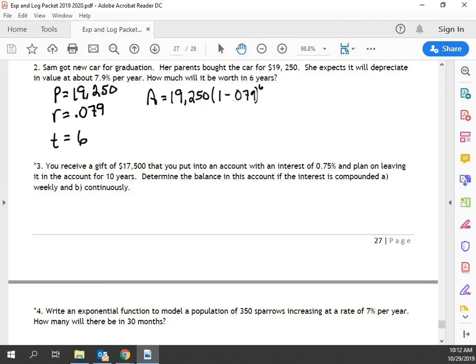So 19,250 times 1 minus 0.079, raised to the 6th power. And so after 6 years, that car should be worth $11,748.60.